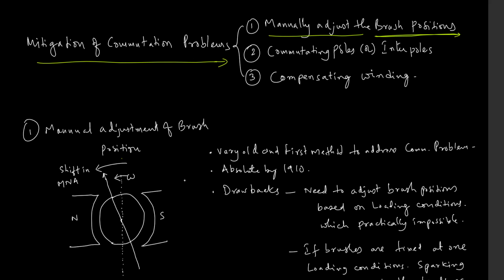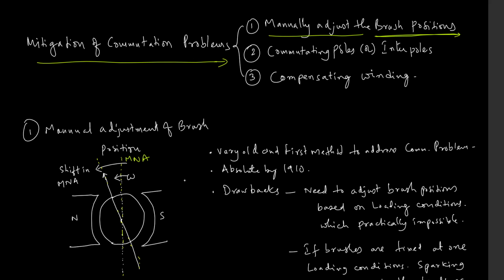Suppose in this diagram the dotted line is the normal magnetic neutral axis without any load on the generator, but as the loading on the generator increases, this magnetic neutral axis shifts to this one.